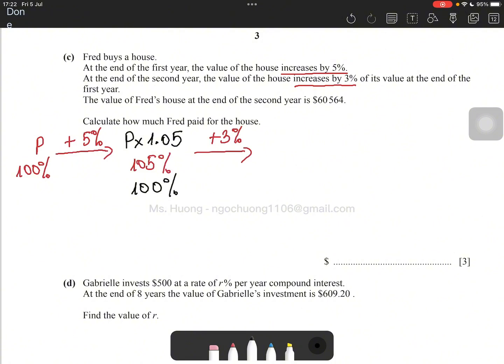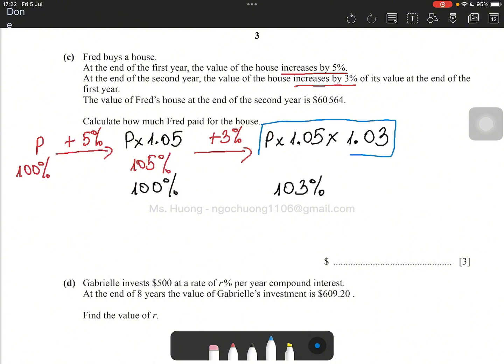And then if you increase it by 3%, the new value will be 103%, which means you will multiply the value after the first year by 103%, or you can say 1.03. And this is the value of the house at the end of the second year.